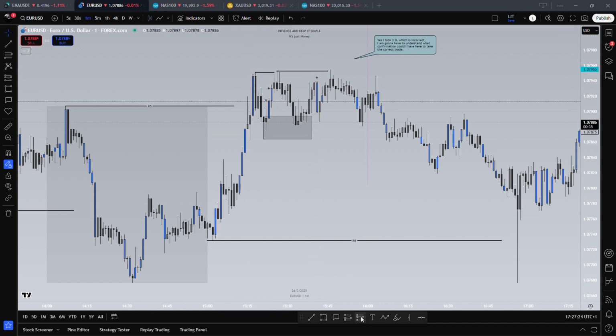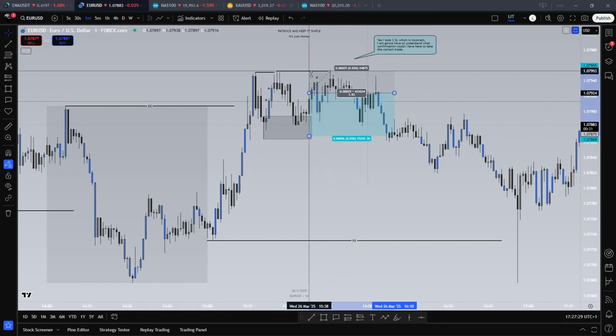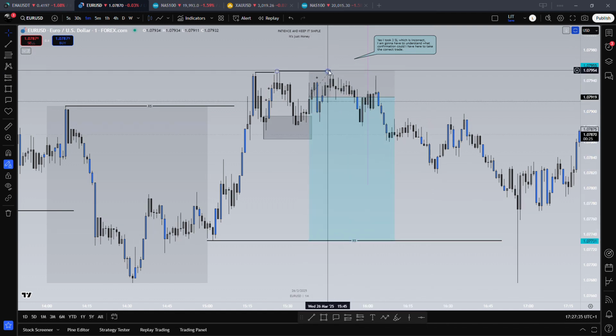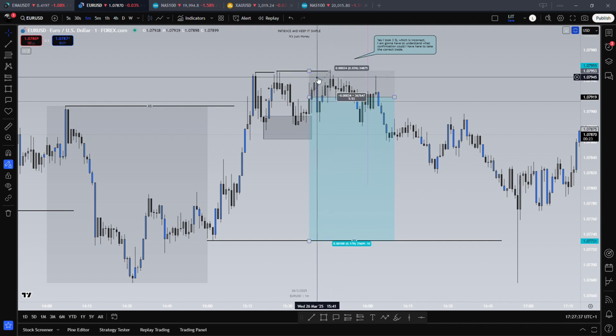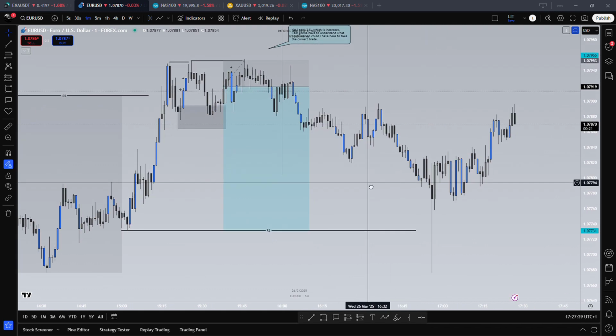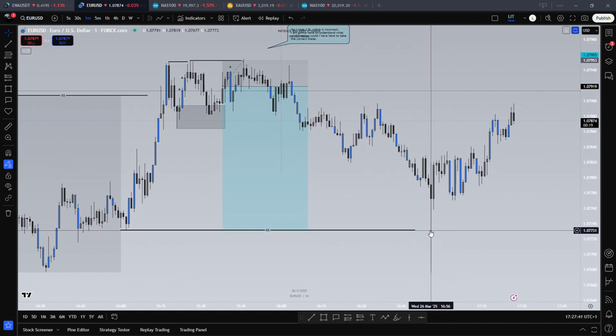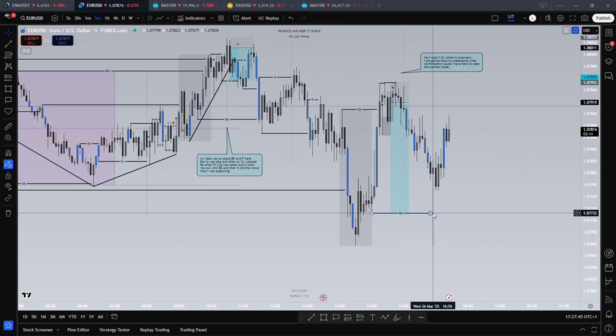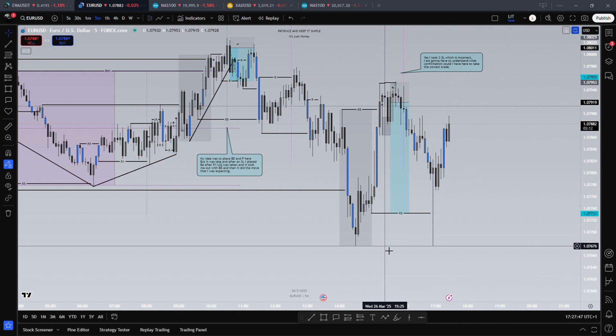And as you can see, stop loss was above here. Maybe it was something like this, stop loss, and then we went to our main target, which was the relevant liquidity on M5.